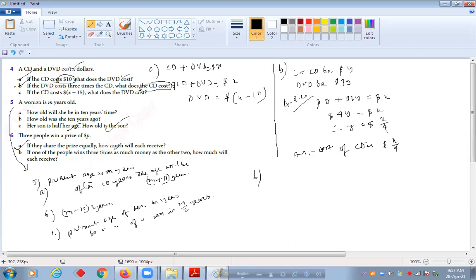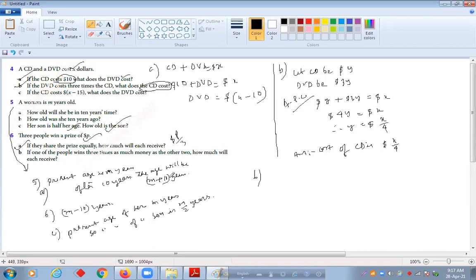If 3 people win a prize of $P, and they win not alone, together, 3 people. If they share the prize equally, how much will they receive? They will receive $P by 3 each.